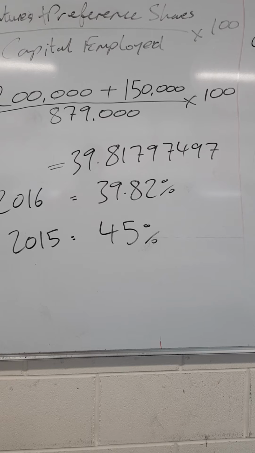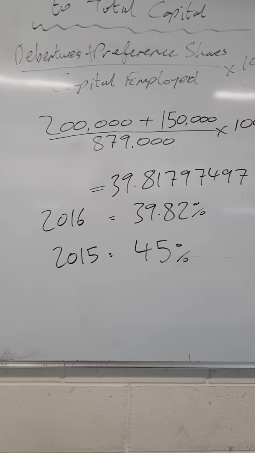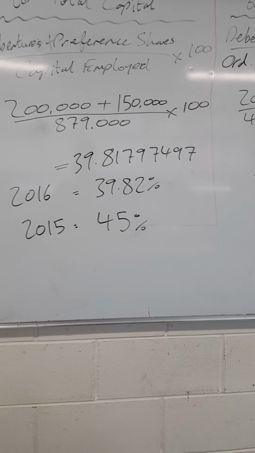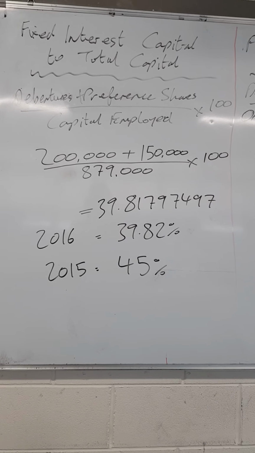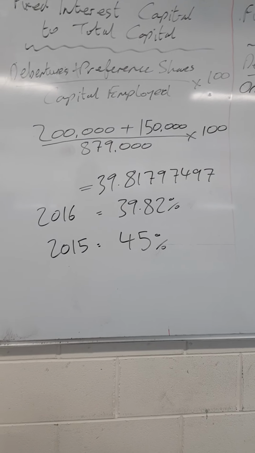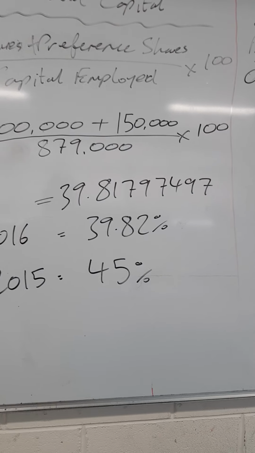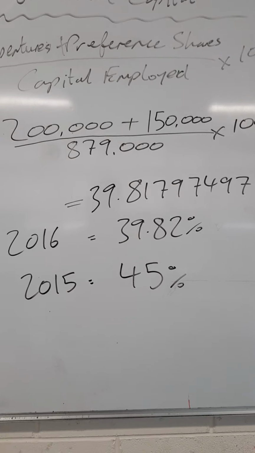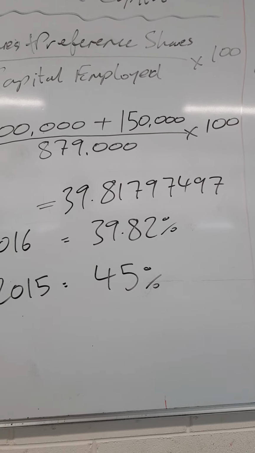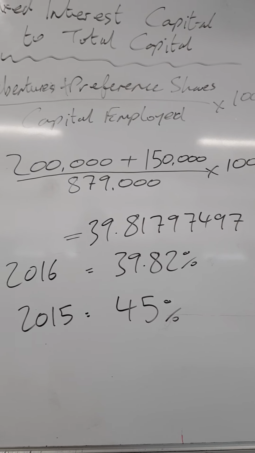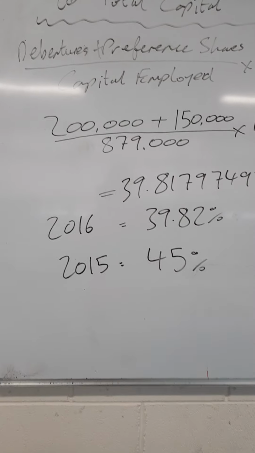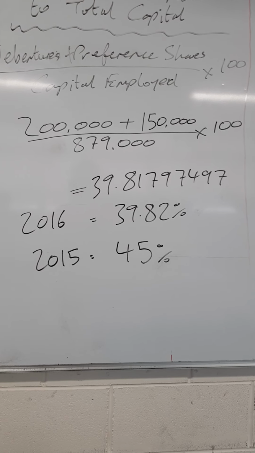Last year was 45%. So there is 5.18% less of our money has come from debt, and more of it therefore is coming from capital. So roughly, if you round it to a whole number, 40% of all our money is coming from debt. The other 60% is coming from equity, which is either ordinary shares or reserves. That is a good thing that it's gone down.